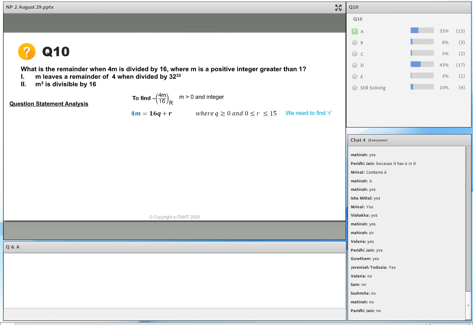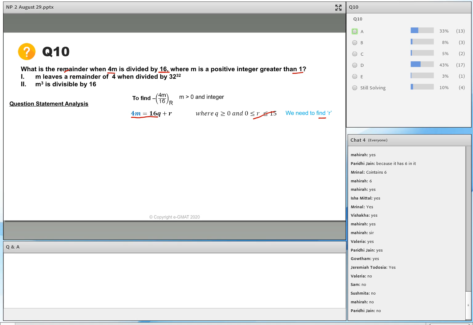What do I have? What is the remainder of 4m when divided by 16 when m is a positive integer greater than 1? So I know that m is a positive integer greater than 1. I need to find out what is the remainder when 4m is divided by 16. So 4m can be written as 16q plus r, where r is less than 16, right? Because 16 is the divisor, we need to find out the value of r over here.